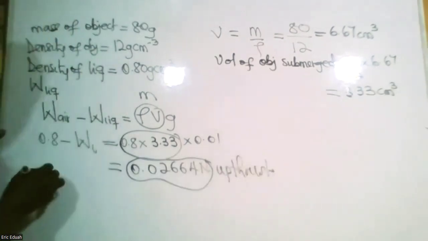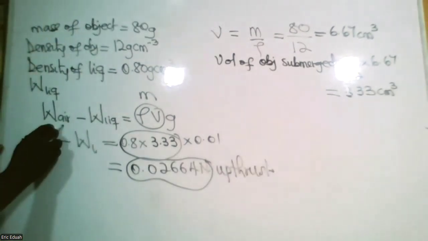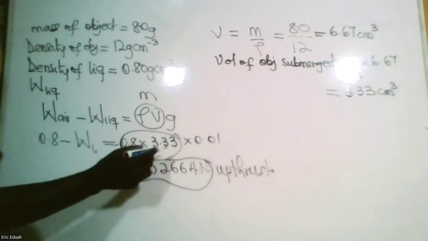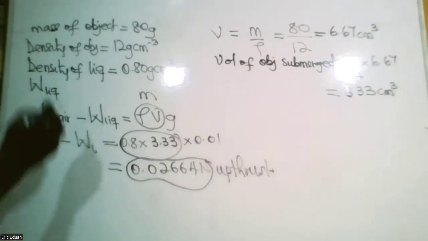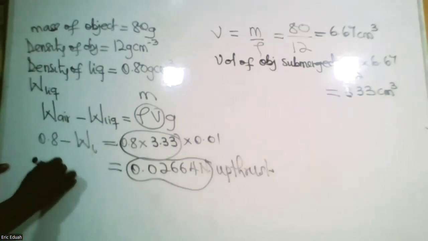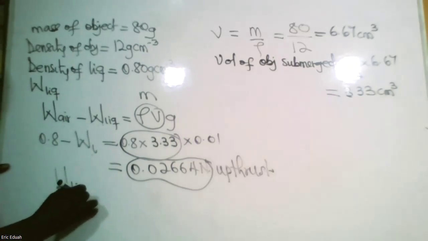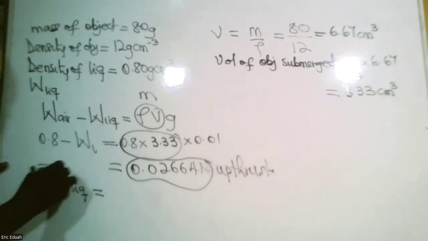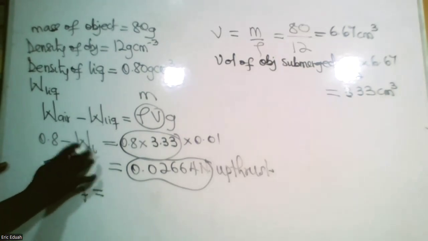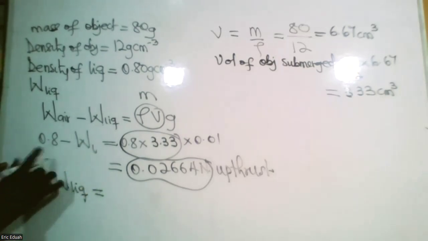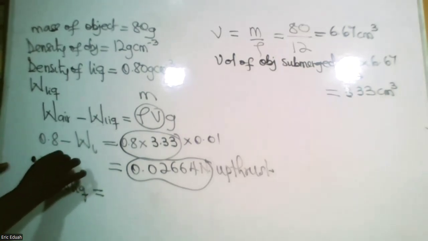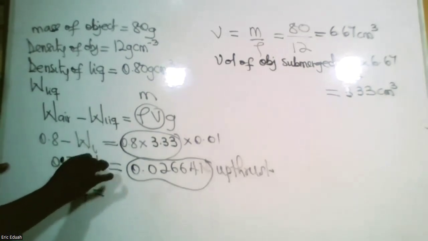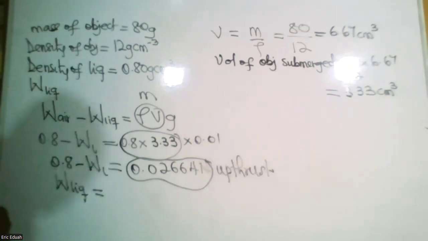So if weight in air minus weight in liquid is equal to the upthrust, then help me find the weight of the object in a liquid, which is W subscript L.